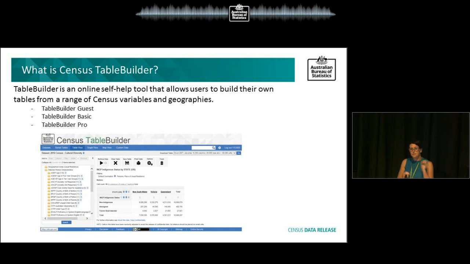So in Table Builder Basic, you have more range variables, and in Table Builder Pro you have more actual individual variables available to you. An example is year of arrival.